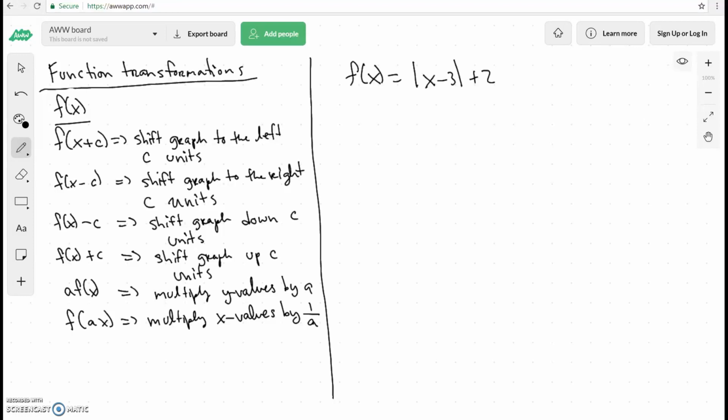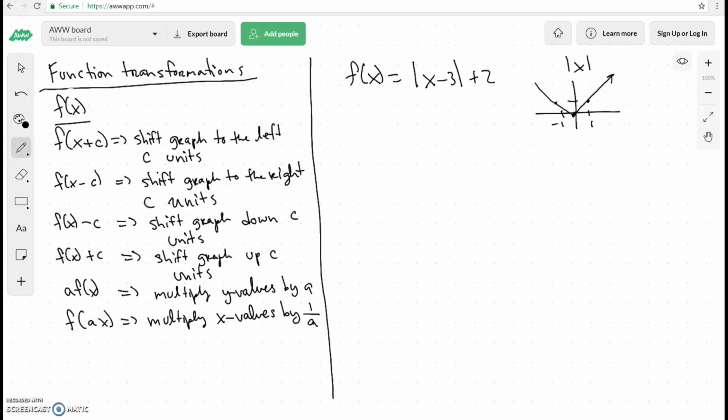So the first thing to identify is what my parent function is, right? If I look at the sheet that I handed out, we know that an absolute value function, if I graph it, is going to look very V-shaped.